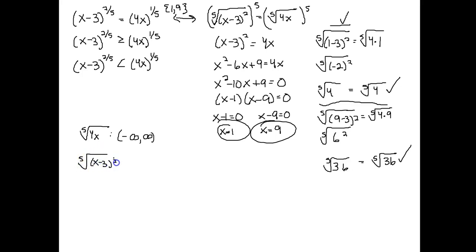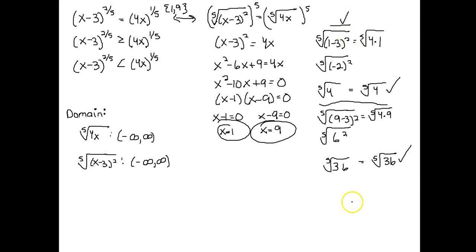You're allowed to plug in anything you want for x from negative infinity to infinity, because you can take the 5th root of positive, negative, or 0. So knowing that about your domain helps. When you have that odd index, the domain of your radical is going to be negative infinity to infinity. So you're not going to have to worry about some weird starting points like you did in the previous question.